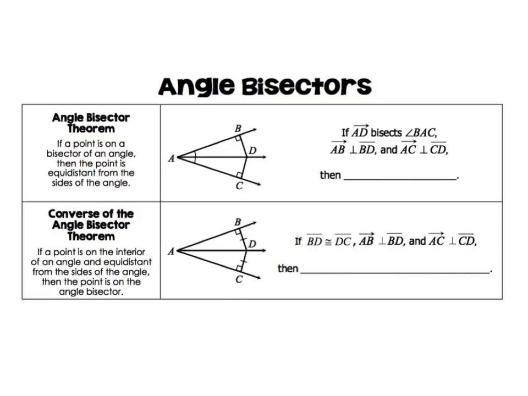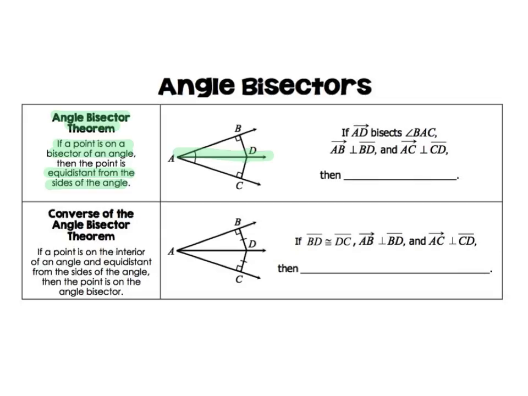All right, now we're going to be talking about angle bisectors. So the angle bisector theorem tells us that if a point is on the bisector of an angle, so if D lies on AD, and we know AD is a bisector of angle BAC, then point D would be equidistant from the sides of the angle.